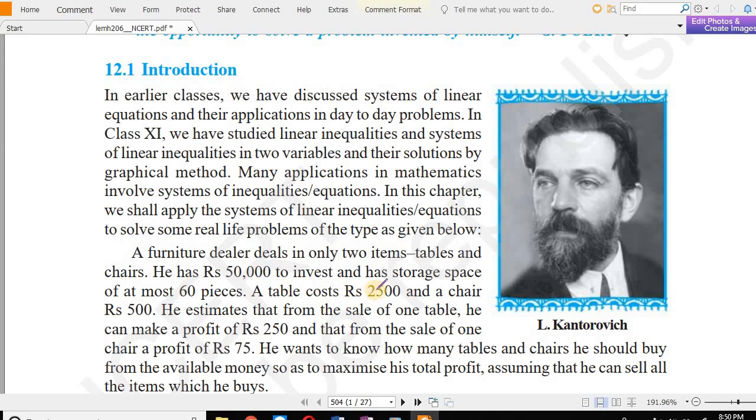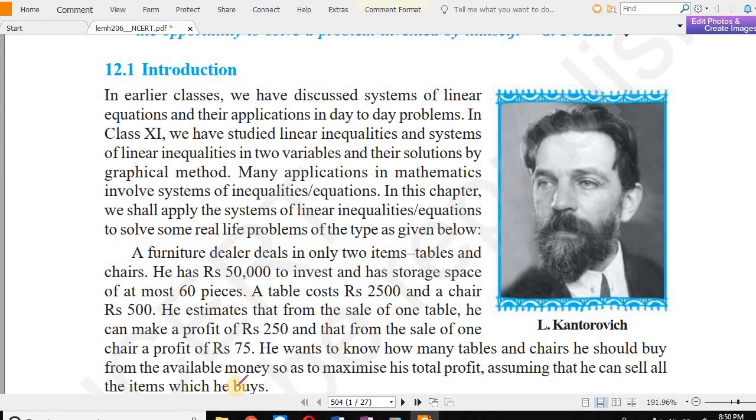All right, a table costs 2,500 rupees, a chair costs 500 rupees. He estimates from the sale of one table he can make a profit of 250 rupees, and from the sale of one chair a profit of 75 rupees. He wants to know how many tables and chairs he should buy from the available money so as to maximize his total profit, assuming he can sell all the items which he buys.